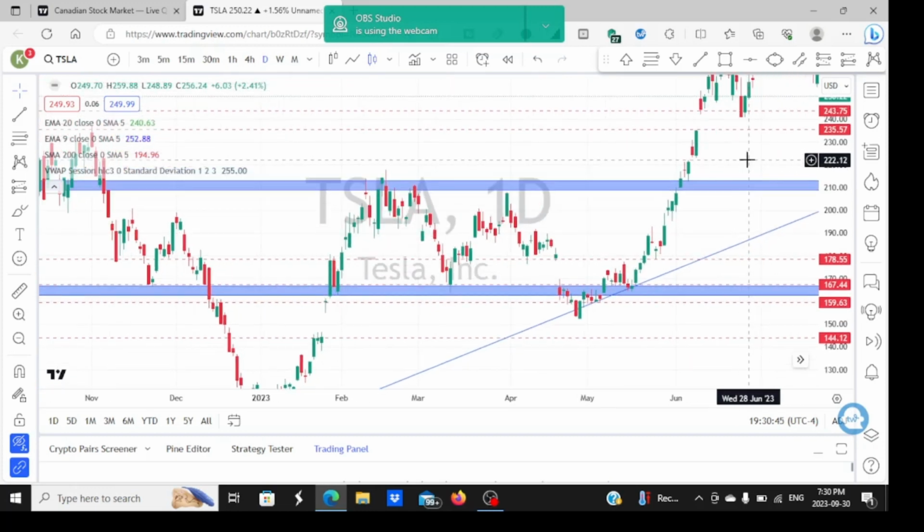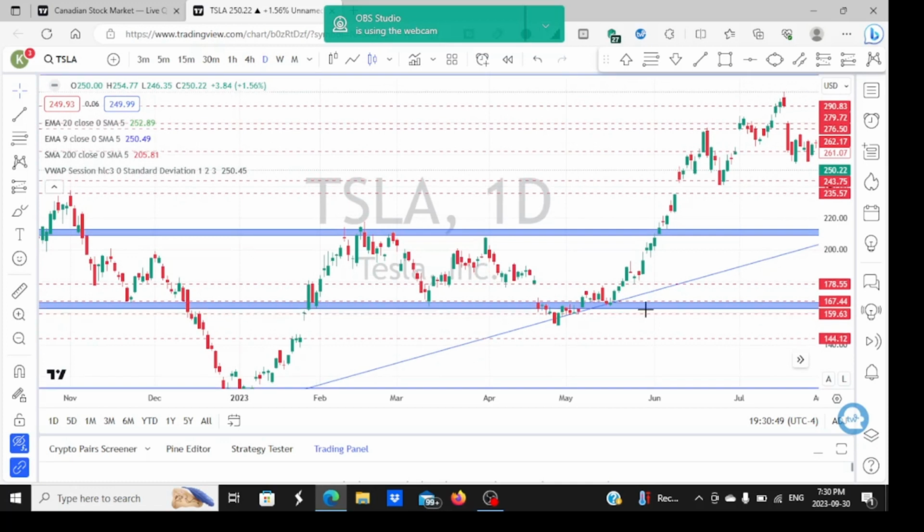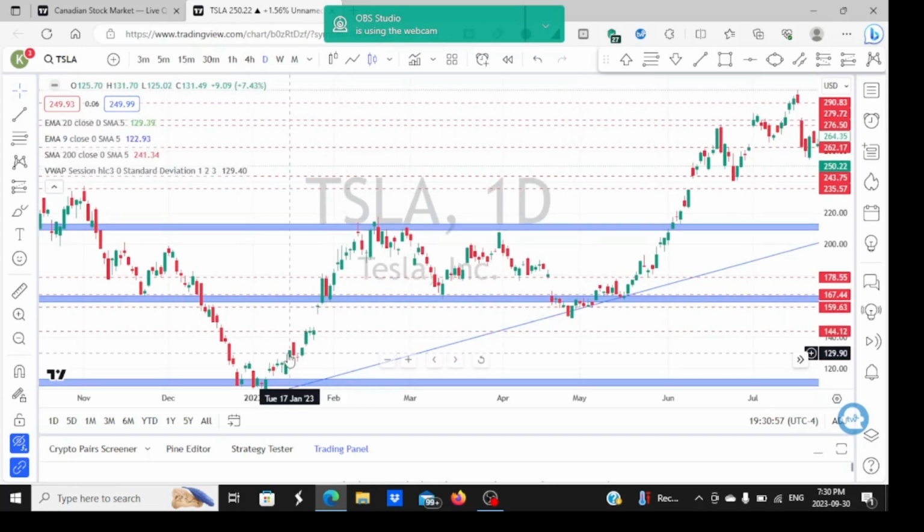So you can see that the buyers were really in control, and all because of this strong gap being formed here, which is a buyer's gap. Or you know it's a buyer's gap because buyers are in this area. This is a buy candle, and then it moves the price. So when the price gaps up, it's a buyer's gap. If the price moves down, it's a seller's gap.